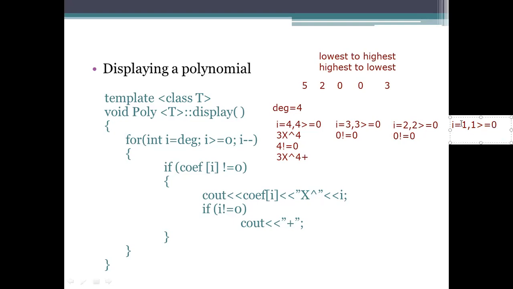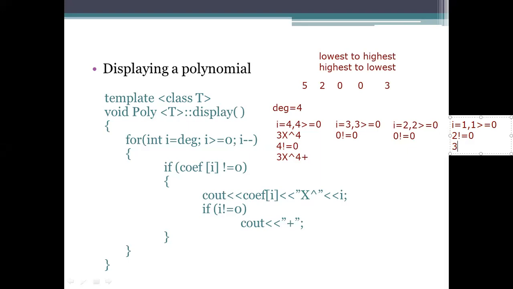Yes, it is true. Now, what is the coefficient of i? The coefficient of 1 is 2. 2 not equal to 0, yes, it is true. Then read the value. The coefficient of i is 2. Represent it, and add it to the remaining one.